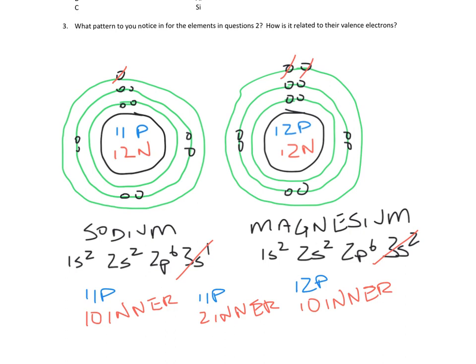Then, after we've done that, to remove this next electron, the same thing here. We would see 12 attractive protons, but only 2 inners. So it's going to be much more difficult to remove. And so that's why the large increase happens when you've run out of valence electrons.